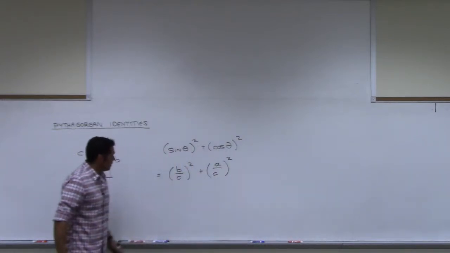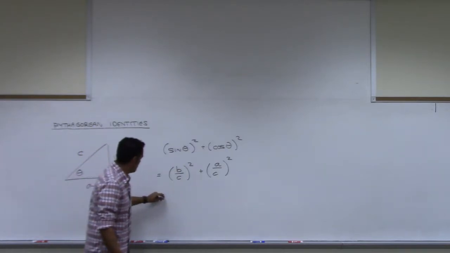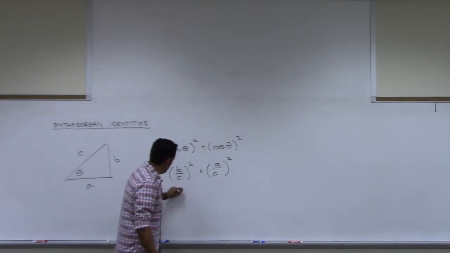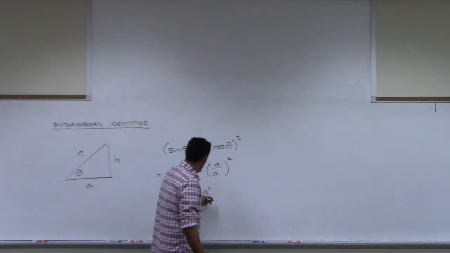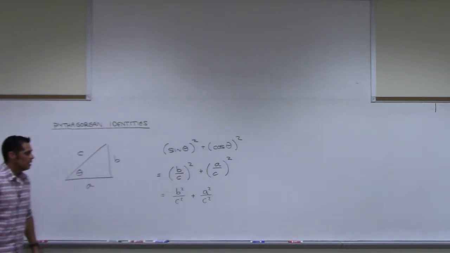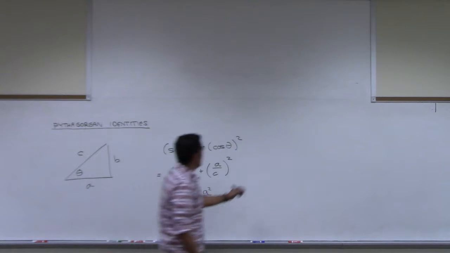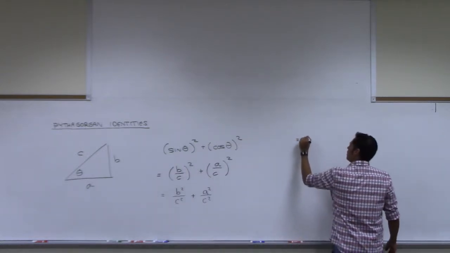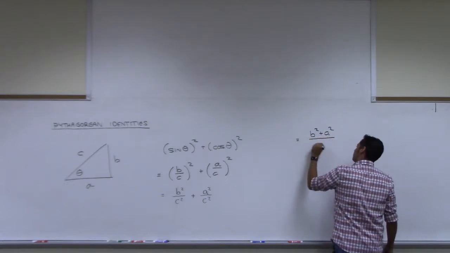When you square a fraction, you can square the top and bottom. So this is B squared over C squared plus A squared over C squared. Can you do anything with those 2 fractions? They have the same denominator, so put them together. What do you get? B squared plus A squared over C squared.